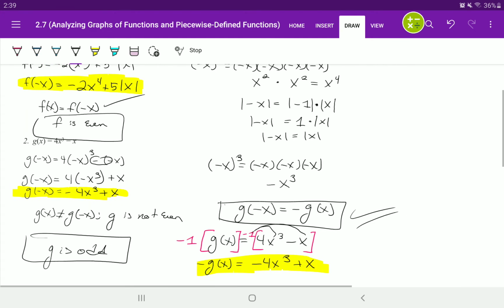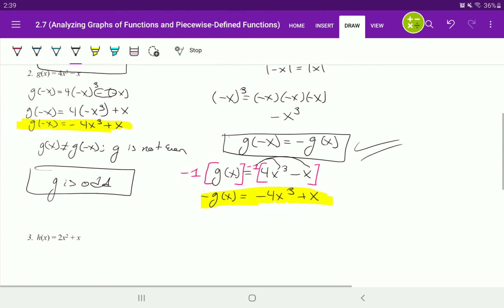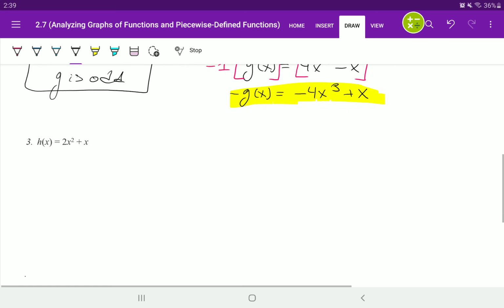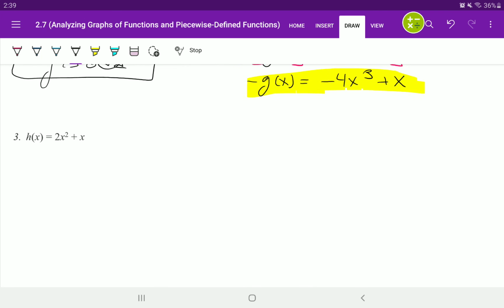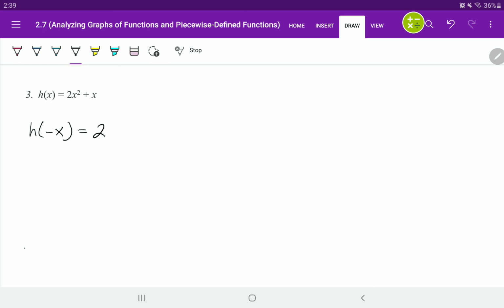And we're going to do one last one before I give you guys the hint. A little bit of strategy when it comes to polynomials, at least. So h of negative x equals 2 times negative x squared plus, in parentheses, negative x.